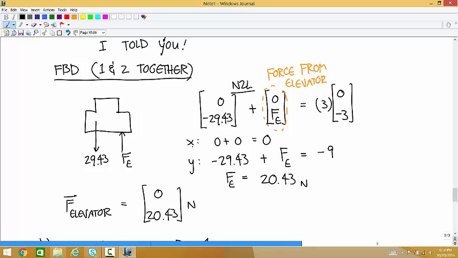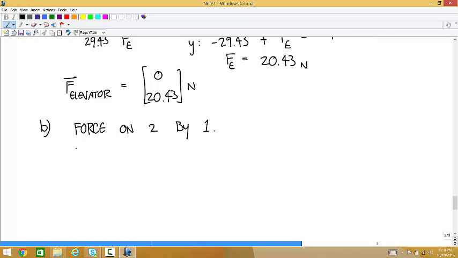So now we have to go back to that original one and isolate the 2 kilogram. Everything we did before is still valid. You could just go back and use that, but I'm going to write it all again.